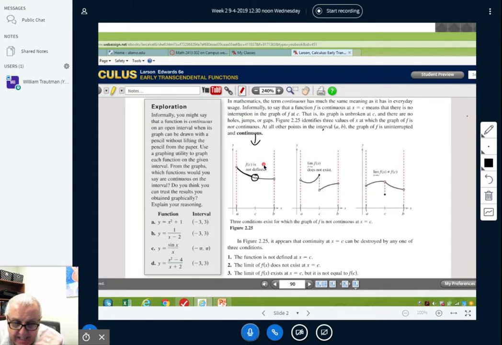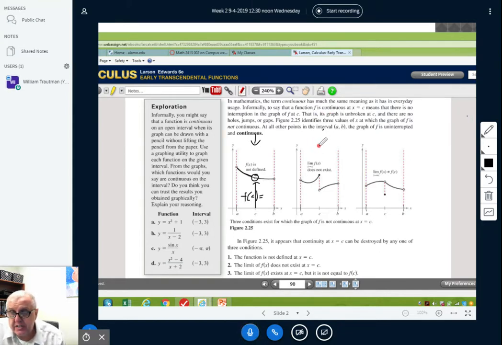There has to be an answer for every x value. So if you look at this at x value c, the function f of c is not defined. We don't know what it equals because at this spot there's a hole. So this function is not continuous.